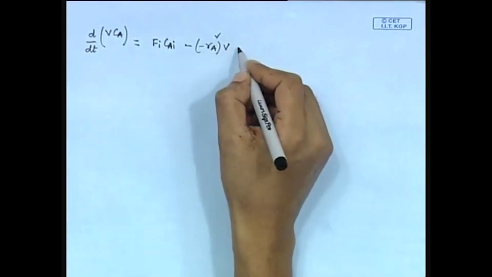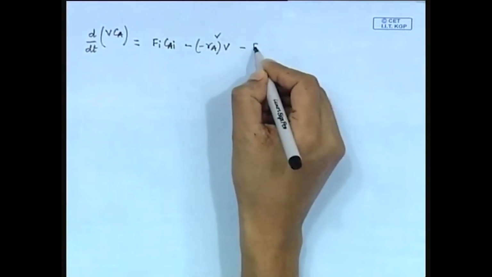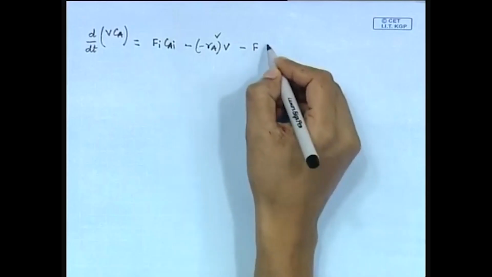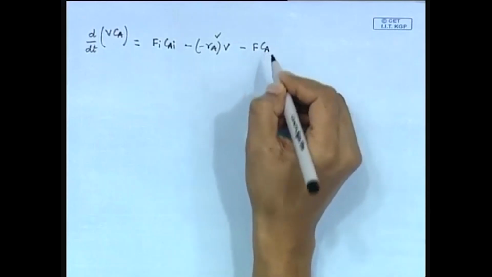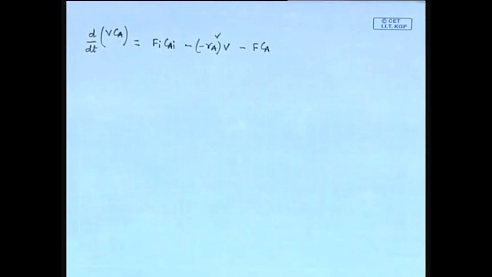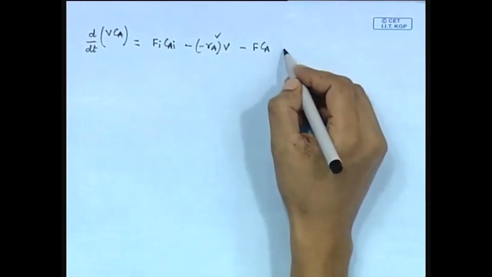And what is the output? Output is F multiplied by concentration of output stream, that is Ca. So, from the conservation principle, we got this equation.